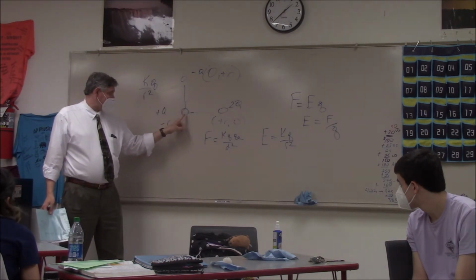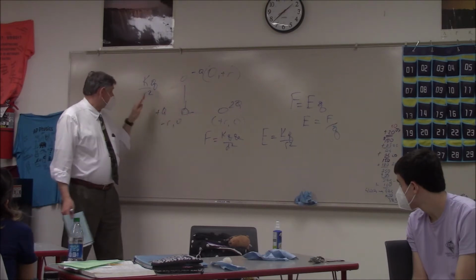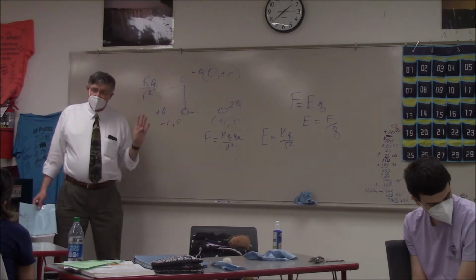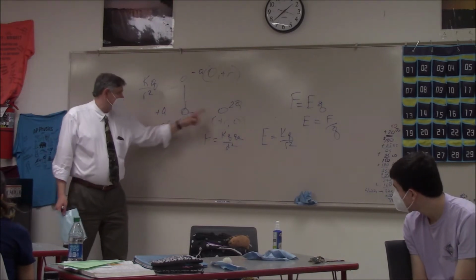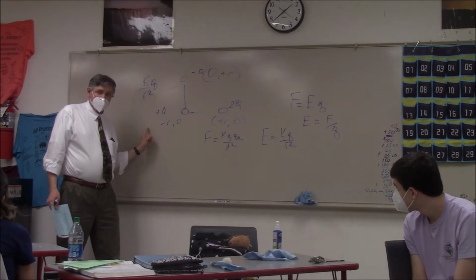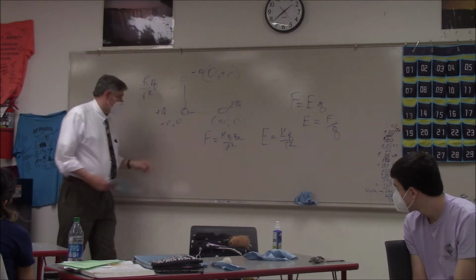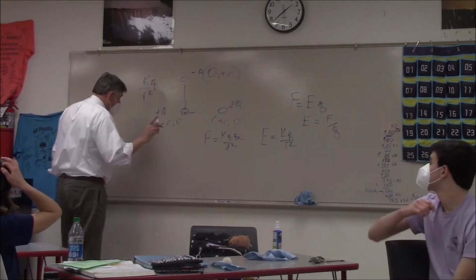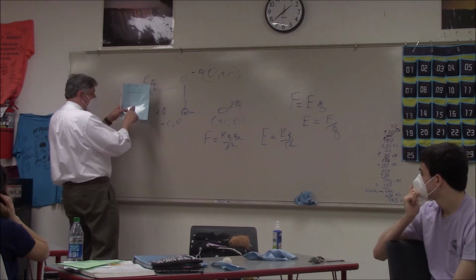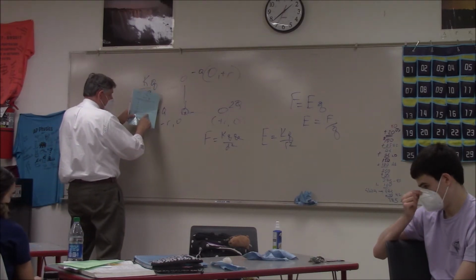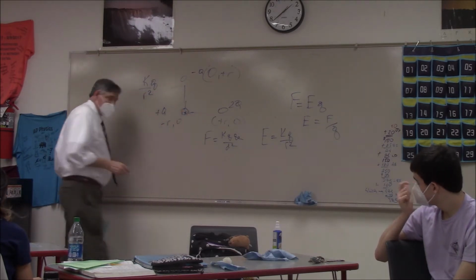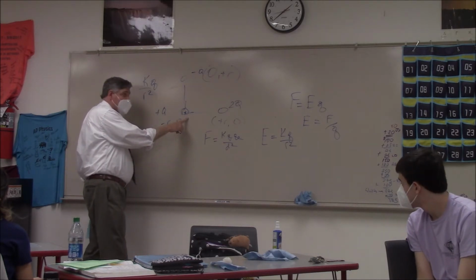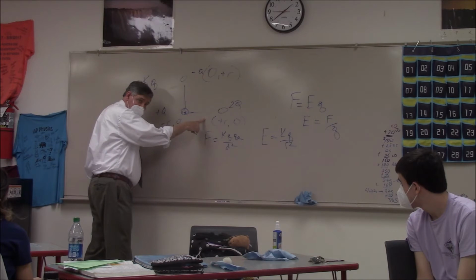If you have a positive test charge right here, this is going to be the value of the electric field, KQ over R squared. Which direction is it going to point, to the right or to the left? It says on number one, determine the field created by the positive Q directed towards O. So if I put a positive test charge right there, it's going to feel a repulsion, and it's going to tend to go in this direction.